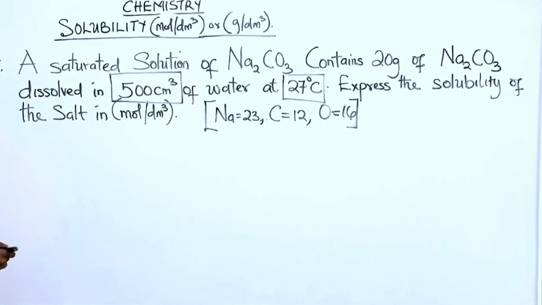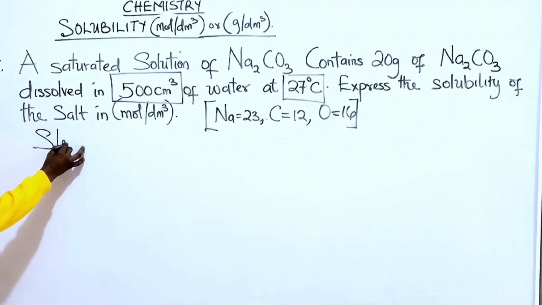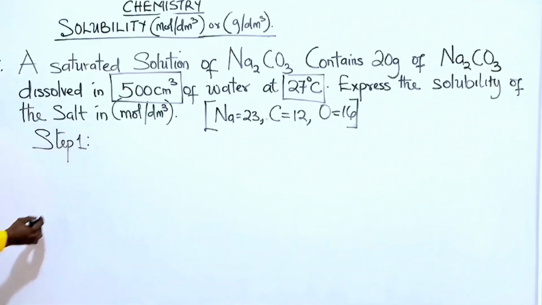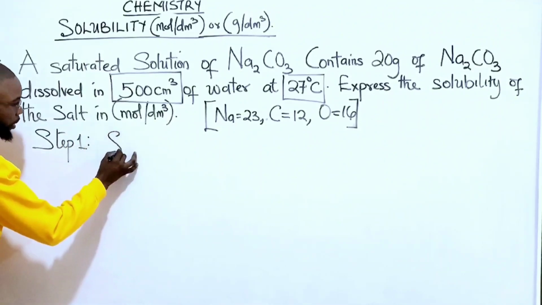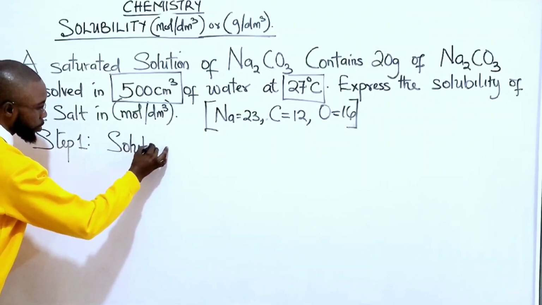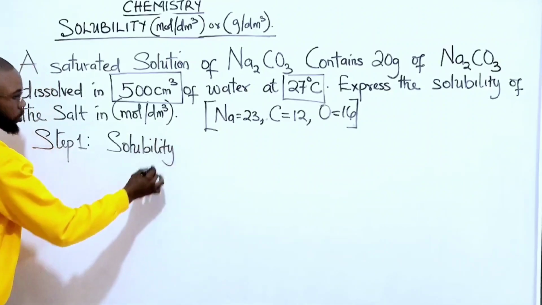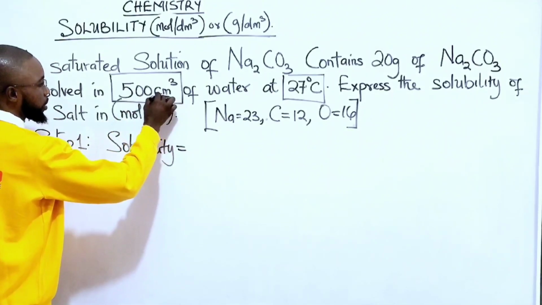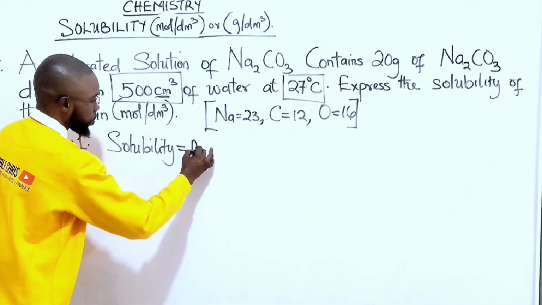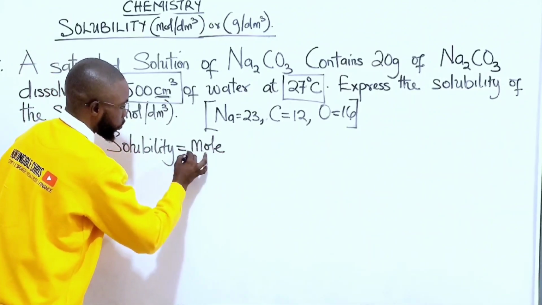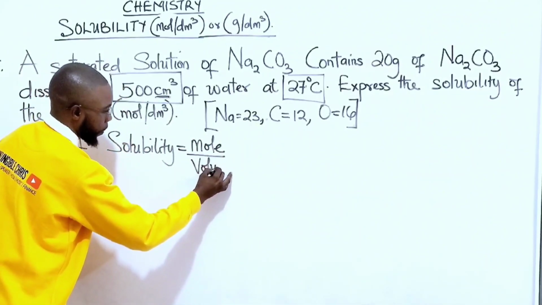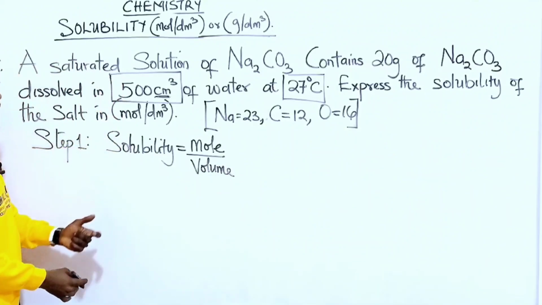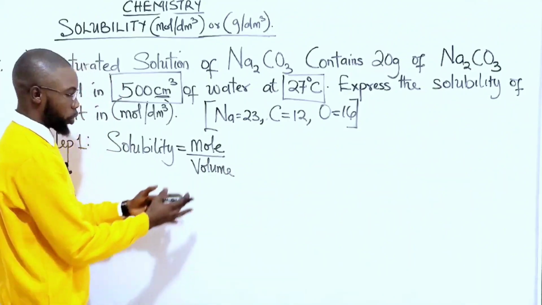It's very simple. Step one in solving this is that we invoke the formula. Because our volume of water is in cm cube, solubility is mole over volume, and we know that mole is mass over molar mass. So let's stretch this out.